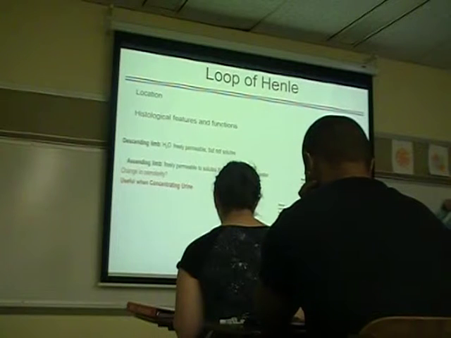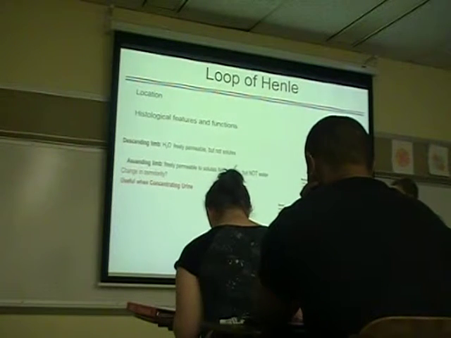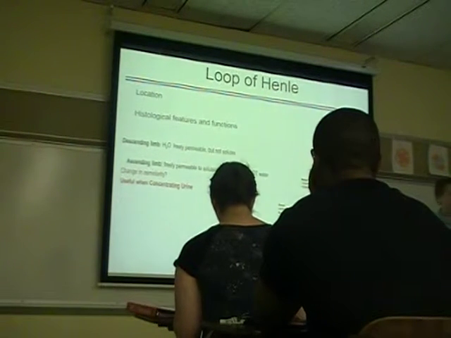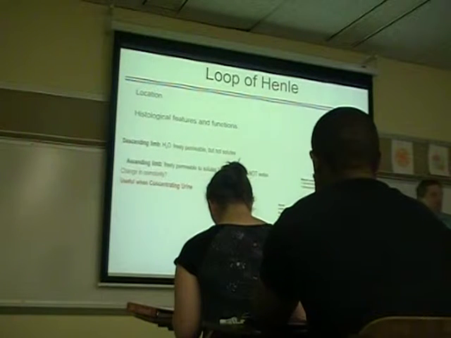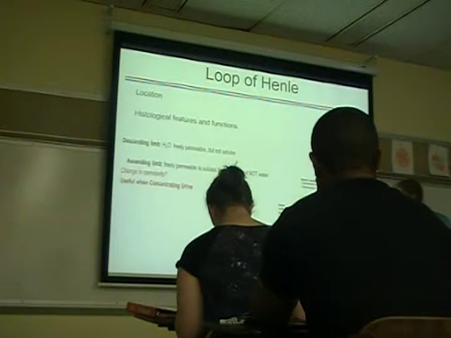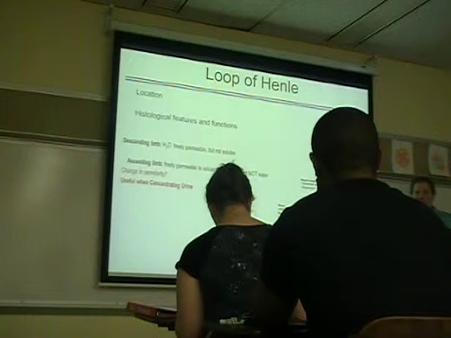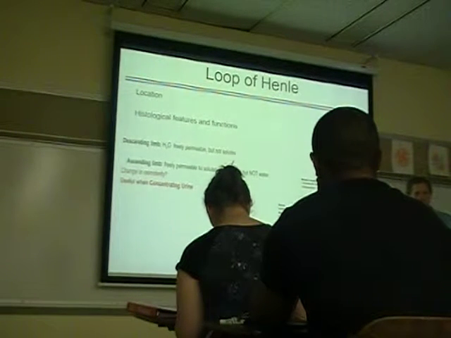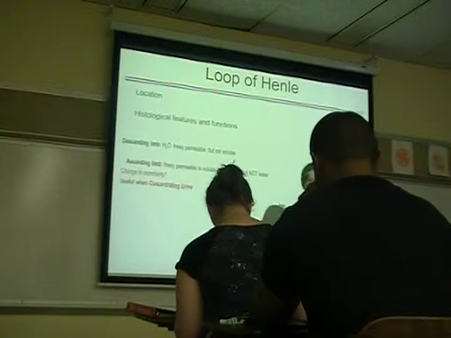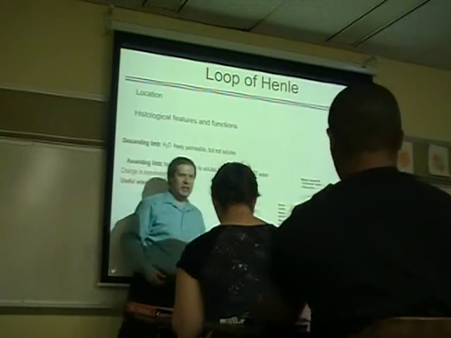Alright, so we have the loop of Henle, and we're interested, especially, in the long loops of Henle and the permeability properties of these loops. As you look at the long loop of Henle here, descending limb and an ascending limb, now when we go down the descending limb, what happens to the saltiness, or the osmolarity, as we descend?